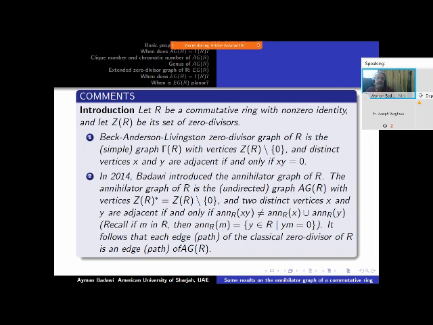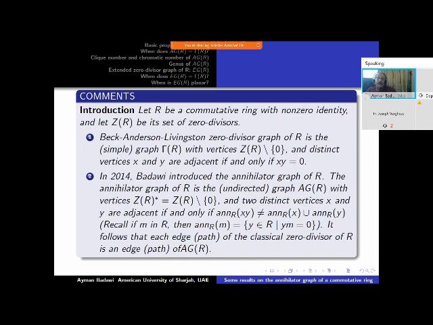Let's remember what I mean by annihilator. If you choose an element m in R, then the annihilator of m will be all the elements y in R where ym equals 0.